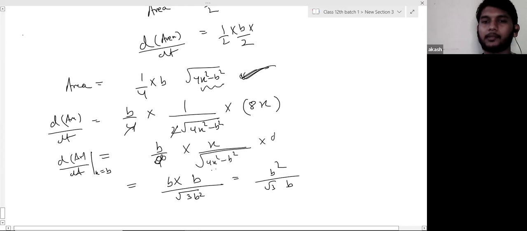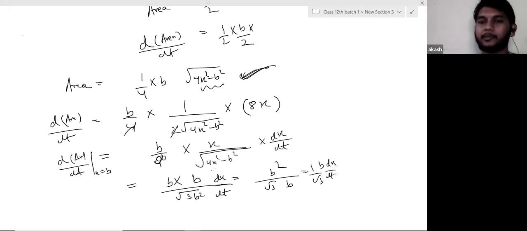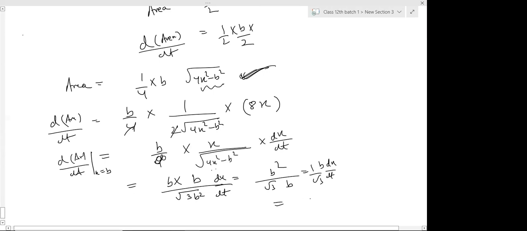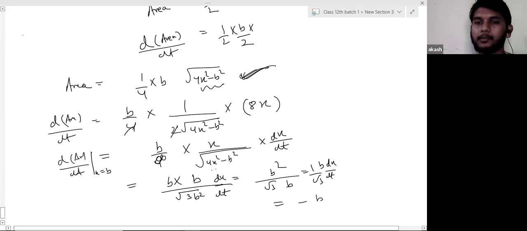Oh, I forgot dx by dt here. Okay, into dx by dt. So this is 1 upon root 3 b dx by dt. What is the value of dx by dt? Minus 3. So minus b upon root 3 into 3. So minus root 3 b centimeter square per second.